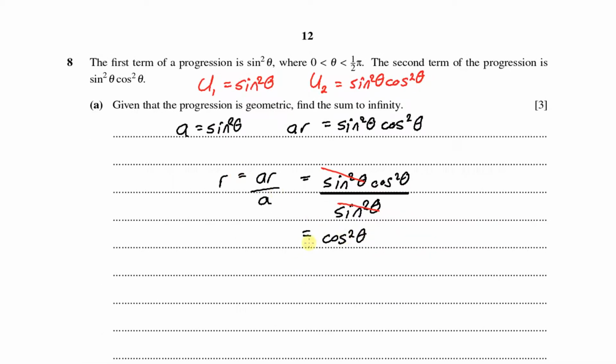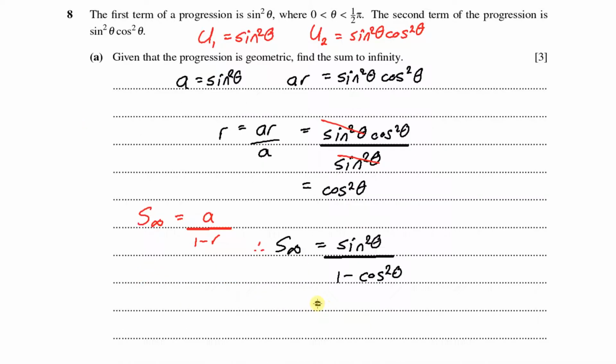So now that we have the common ratio, we can now apply the formula for sum to infinity. So we know that the sum to infinity of a geometric progression can be worked out with the formula A over 1 minus R, which therefore means that the sum to infinity in this case will be A, which is sine squared theta, divided by 1 minus R, which is 1 minus cos squared theta.